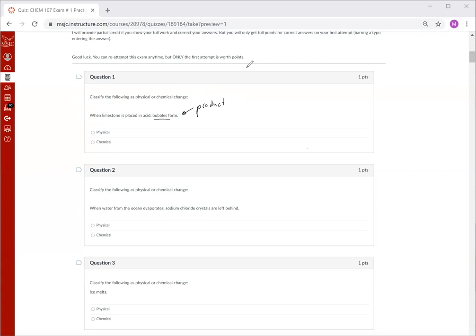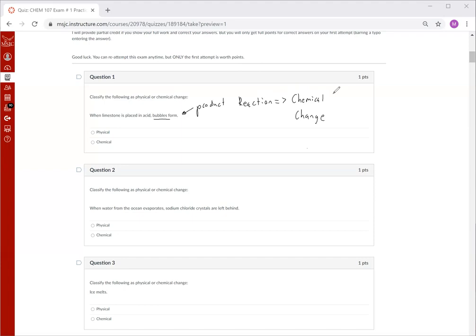So when limestone is placed in acid and you observe the evolution of gas, that's one of the signposts that we have a reaction. As a result, because this looks like a chemical reaction, we can view this as a chemical change. Does that make sense?